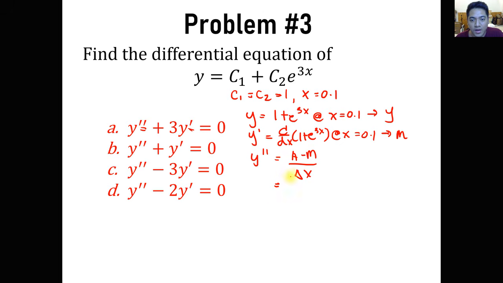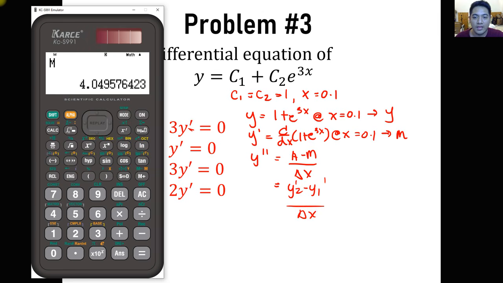So for those who don't know it yet, we have y2 minus y sub 1 prime all over delta x. So how do we get that? Simply we already have the m. What we are going to solve now is the a.